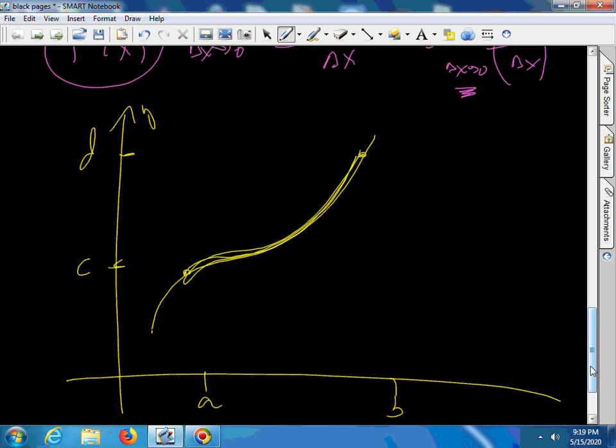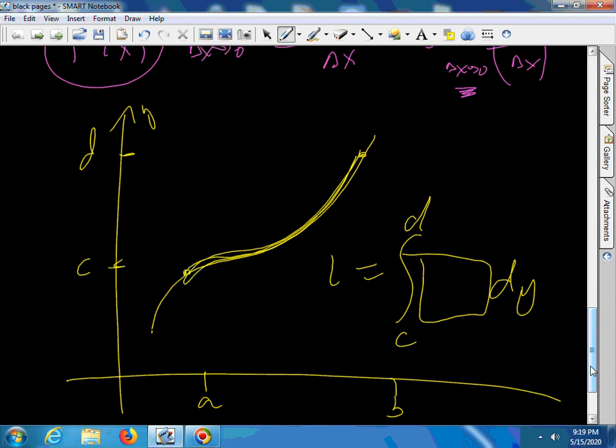So in the end, the arc length is adding up the y's instead of adding up as x changes, going from C to D, integrating with respect to y.